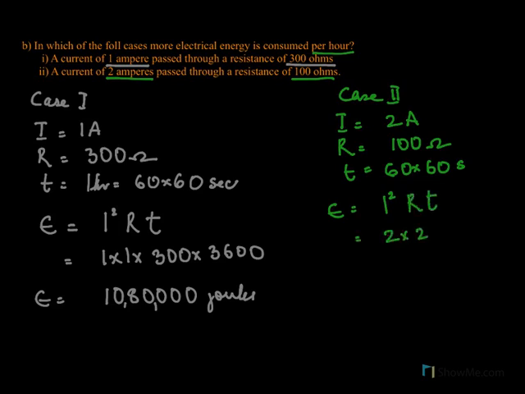I is 2 into 2, R is 100, and this is 60 into 60, 3600. Here it is 1,440,000 joules. So we agree that the energy consumed is more in the second case, in case 2.